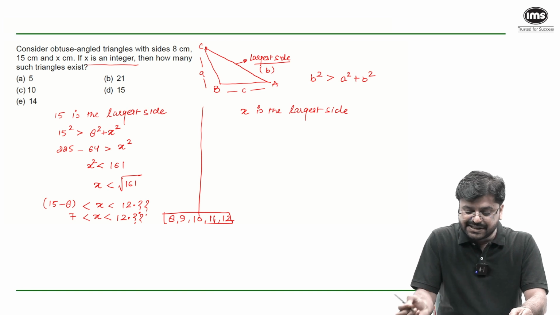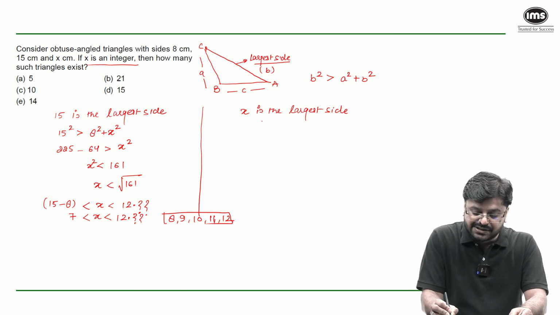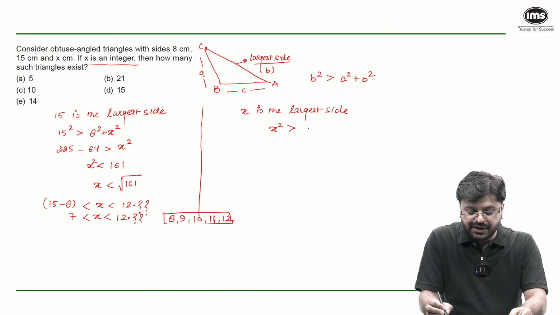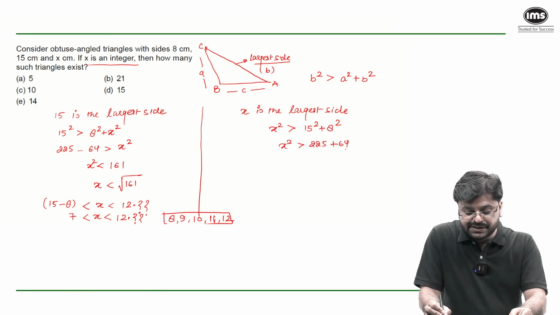Now, the second case is if x is the largest side, then x square should be greater than 15 square plus 8 square, or x square should be greater than 225 plus 64, x square should be greater than 289, or x should be greater than 17.